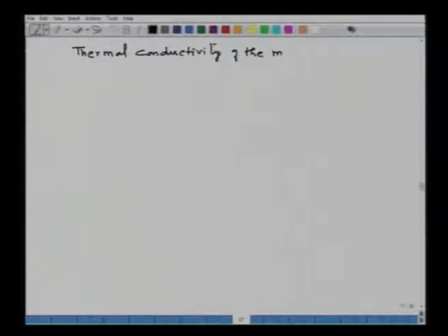say of the material, it depends on temperature, and it also depends upon porosity, and it also depends upon isotropy, whether the material is isotropic or anisotropic.